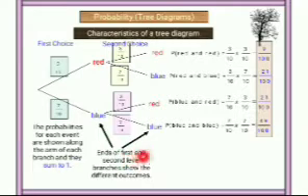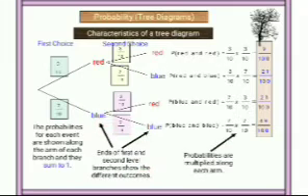Then the ends of the first and second level branches show the different outcomes. Lastly, probabilities are multiplied along each arm. So this multiplied by this will give you red red. This multiplied by this will give you red blue. This multiplied by this will give you blue red, and then this multiplied by this will give you blue and blue.